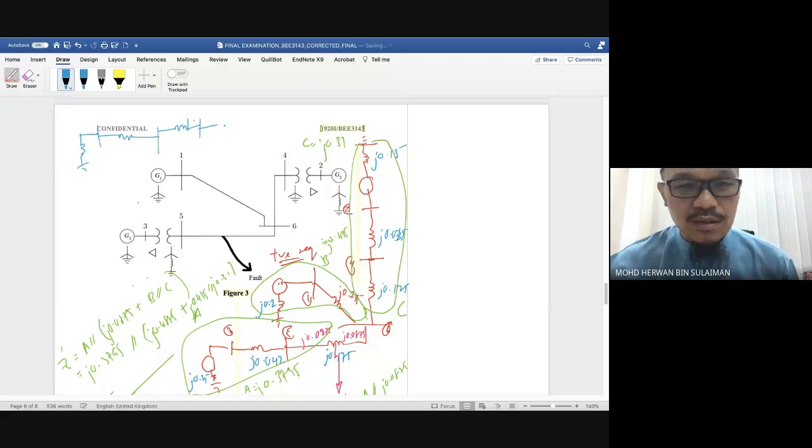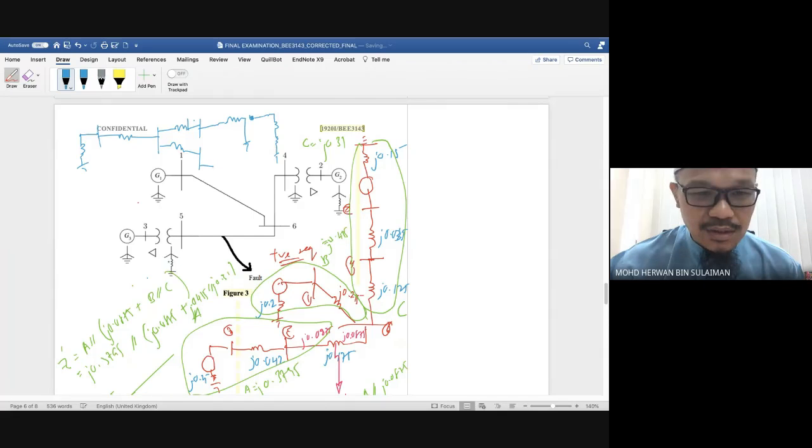So how is the Y-delta? The Y side will be grounded, the delta will be open, and then you have G2 and then ZN as well. Next, this bus 6 to bus 5 has a transmission line going into a transformer with ground and delta. This is tricky: this Y is grounded and has ZN.